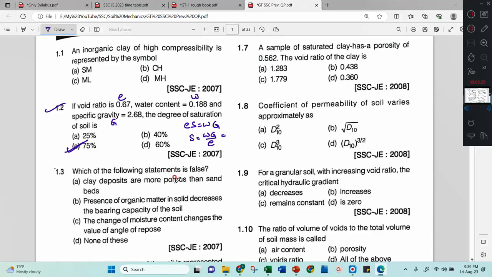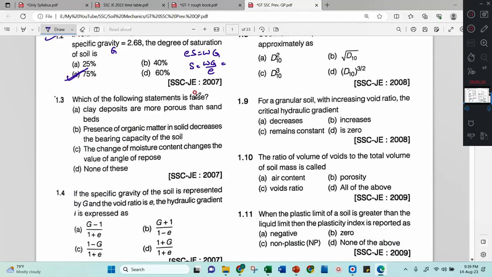Now, which one of the following statements is false? Very interesting. Clay deposits are more porous than sand beds. Presence of organic matter in soil decreases the bearing capacity of the soil. The change of moisture content changes the value of angle of repose.